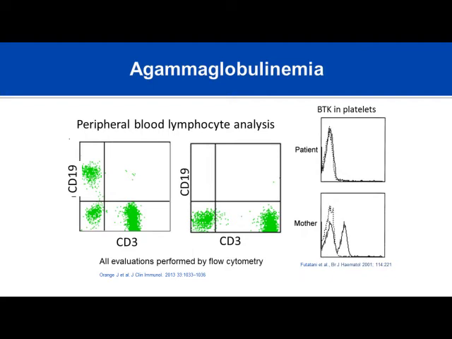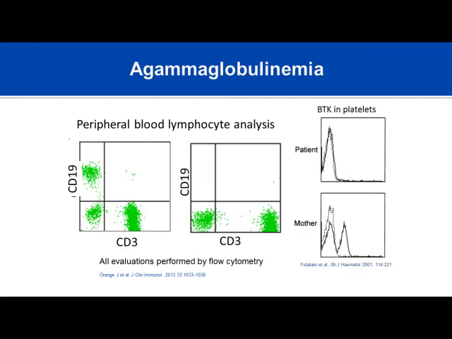This individual, as you can see on the right, in these 2 green flow cytometry diagrams, has nothing in this upper left quadrant. In that upper left quadrant, as you will see in the normal individual shown on the left, has this collection of green dots. Those are what represent the B cells. This child had no B cells, no factories of immunoglobulin.